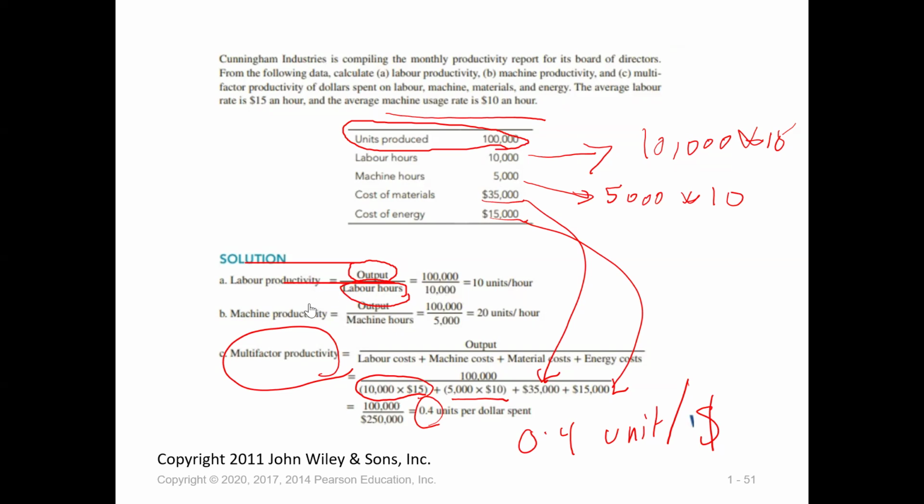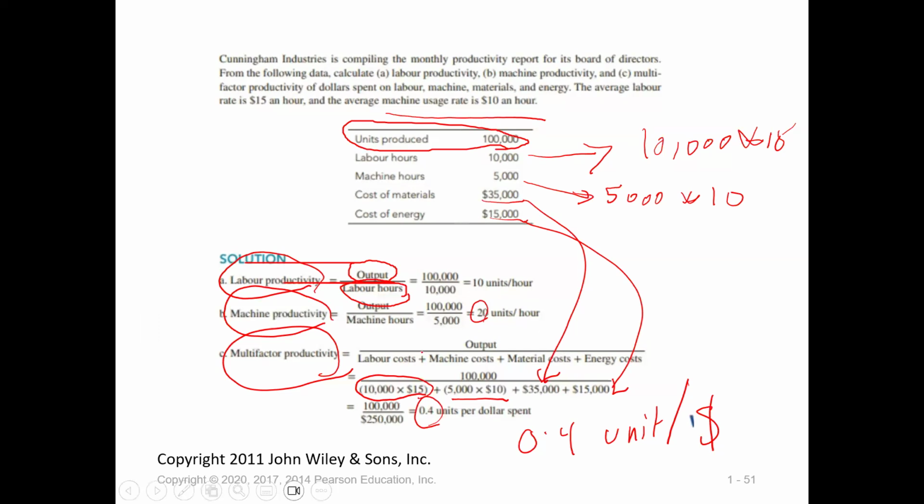This is a single factor, for one factor. For the first one, A, we call it labor productivity. Machine productivity is the productivity for the machine, 20 units per machine hour.